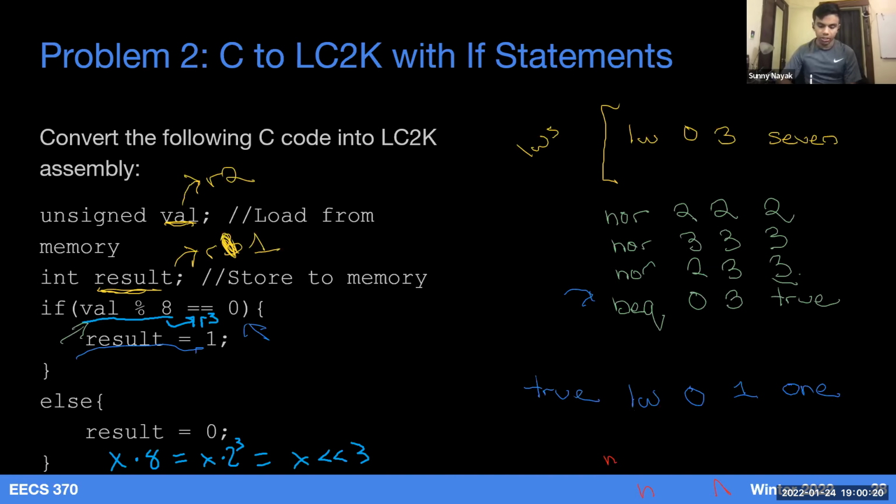However, on the flip side, if that if statement evaluates to false, then I want to assign the value 0 to the result. There are actually several ways of setting a certain register to 0, but the way I'm going to do that is performing an add instruction.